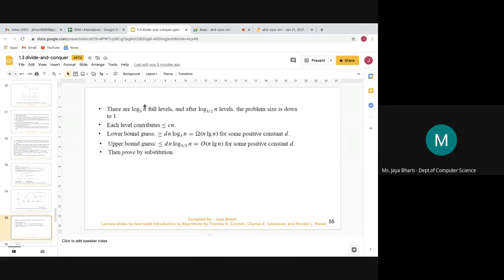So there are log n base 3 full levels, and after that log n base 3/2 levels. The problem size is down to 1, and each level contributes less than or equal to Cn. So this is the lower bound and this is the upper bound. So now you have the upper bound and the lower bound.